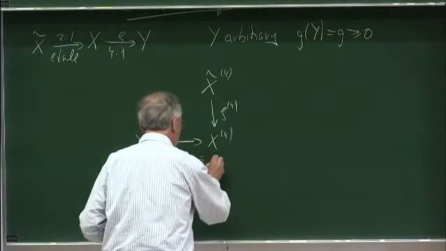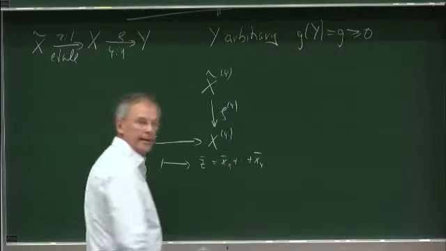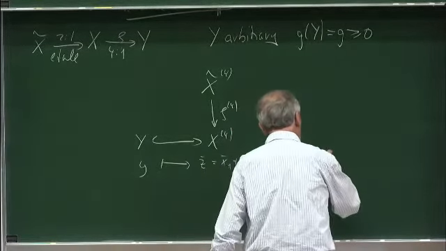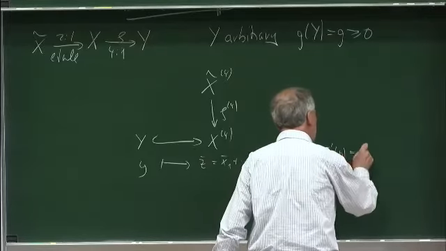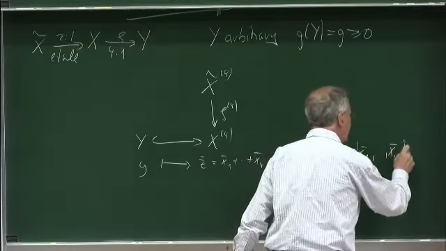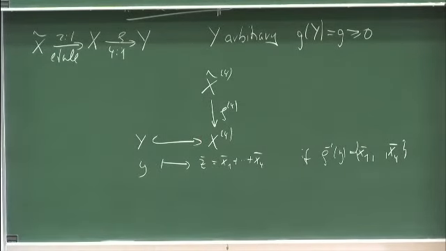So z bar equals x1 bar plus ... plus x4 bar, if rho^(-1) of y consists of x1 bar, ..., x4 bar with multiplicities.